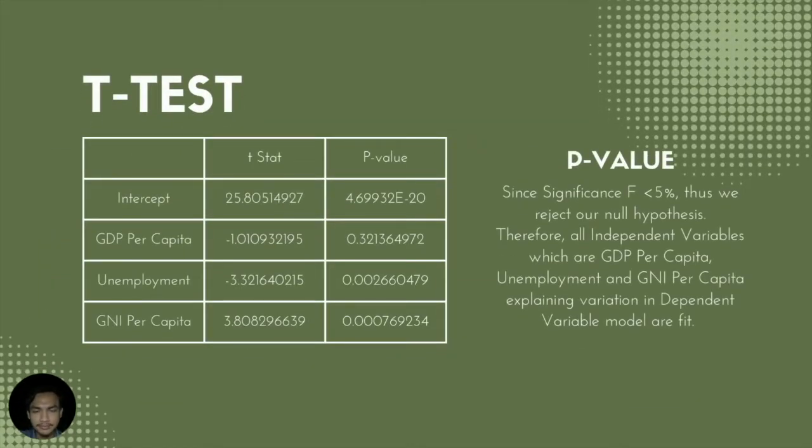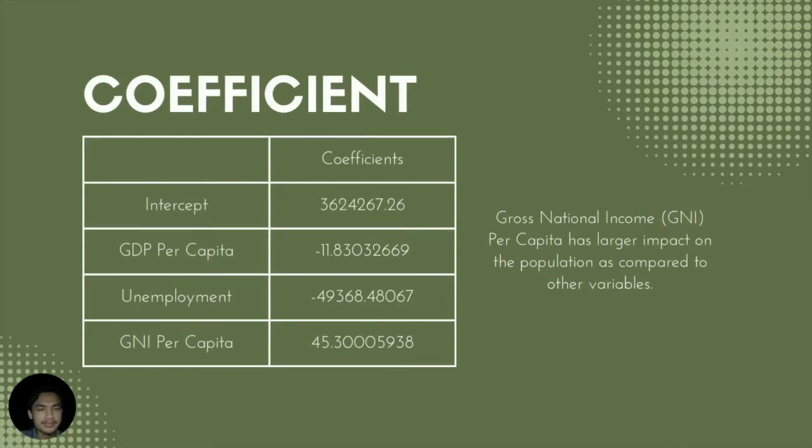Next, the t-test. Same thing, since the significance p-value is below 5%, we have to reject our null hypothesis. Therefore, all independent variables, such as GDP per capita, unemployment, and GNI per capita, explaining variation in the dependent variable, are fit.